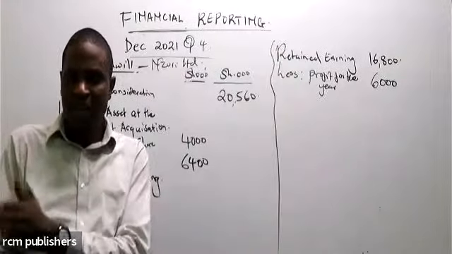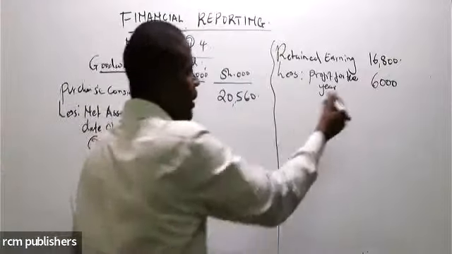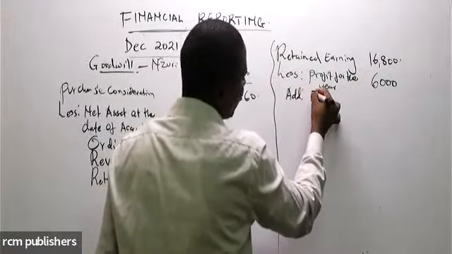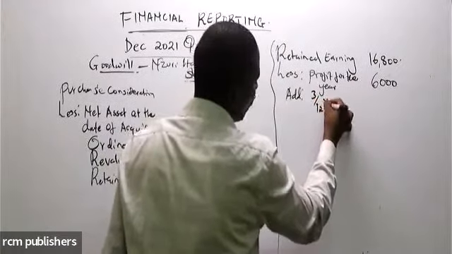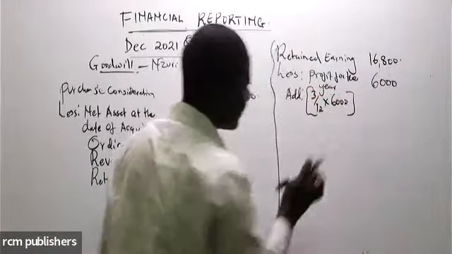Even for the 3 months that we had not acquired this company. Therefore, we will add 3/12 of 6,000. Before we acquired this, at least it had generated some profit.